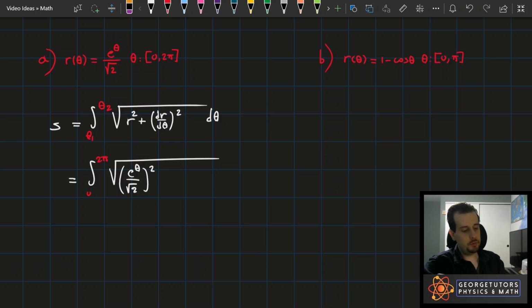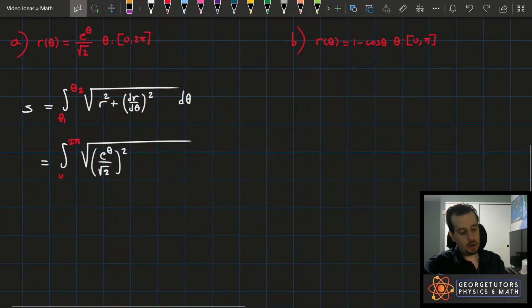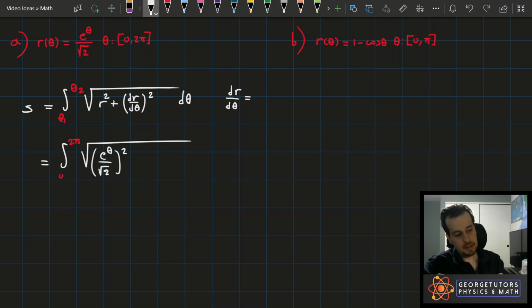Now, the derivative of this function with respect to theta would be nothing other than itself. So I'm going to put in e to the theta over root 2, all squared. And then at the front, of course, sits the d theta.